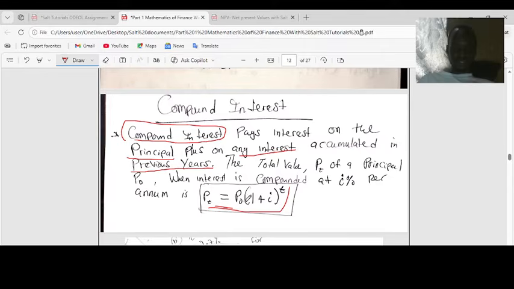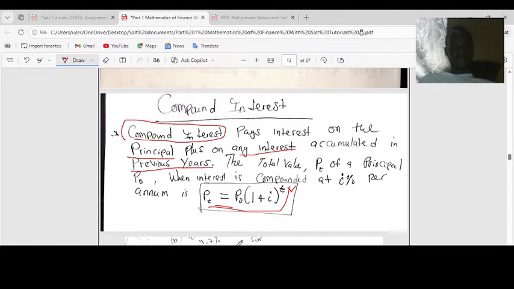But remember, for simple interest, the future value would have been 1 plus iT. Since this is compound interest, the future value will be equal to P0 (1 + i) in brackets, then T is a power, indicating that the interest accumulated is compound interest and not simple interest.